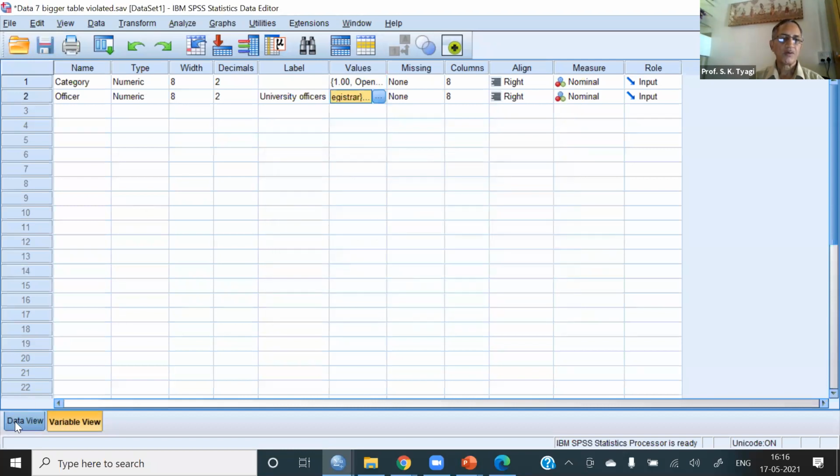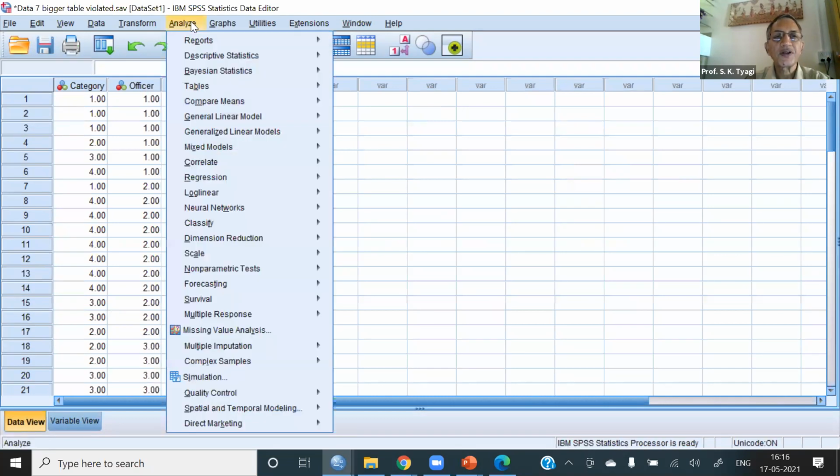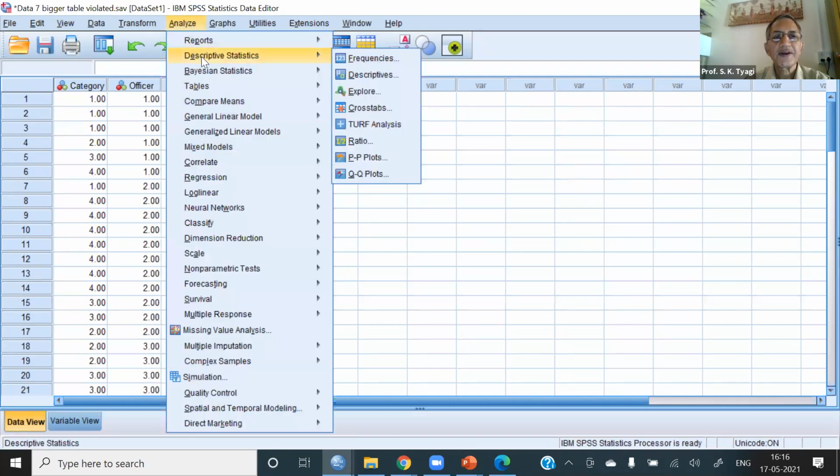Now come to this and let us see whether the assumption of minimum frequency is violated or not. So we go to Analyze, Descriptive Statistics, Cross tabulation.